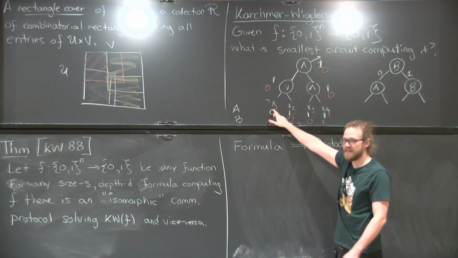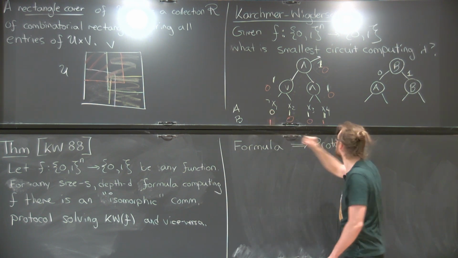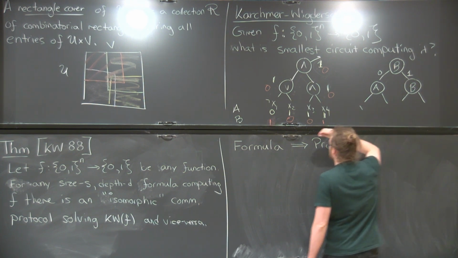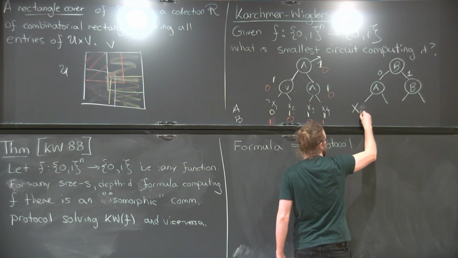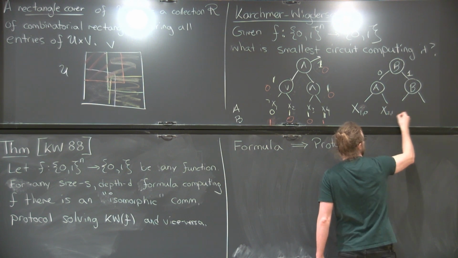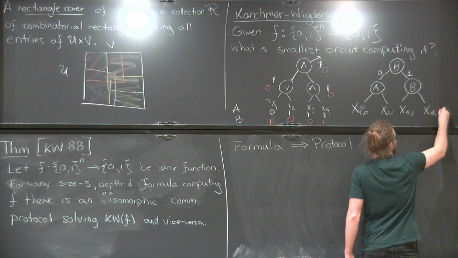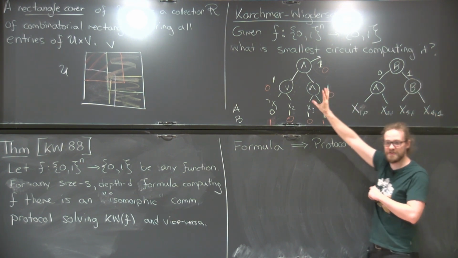And then at each of the leaves, we just output exactly what the outputs of the leaves would be. So this would be x1, 0. This is x2, 1, x3, 1, and x4, 1. So we see that the protocol tree that gets produced has the same depth, and it also has exactly the same topology.